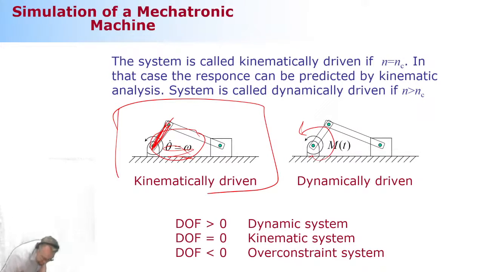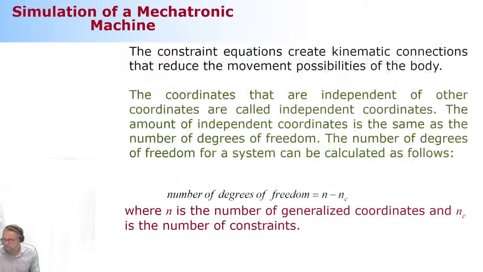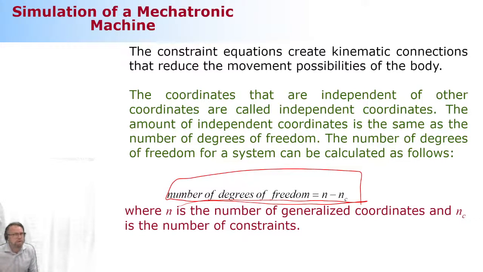Let me revisit a previous slide. Remember, the degrees of freedom is based on the number of generalized coordinates and the number of constraints. Is the force equal to a constraint? No, it's not. Force is a force, constraint is a constraint. So that's a different story.